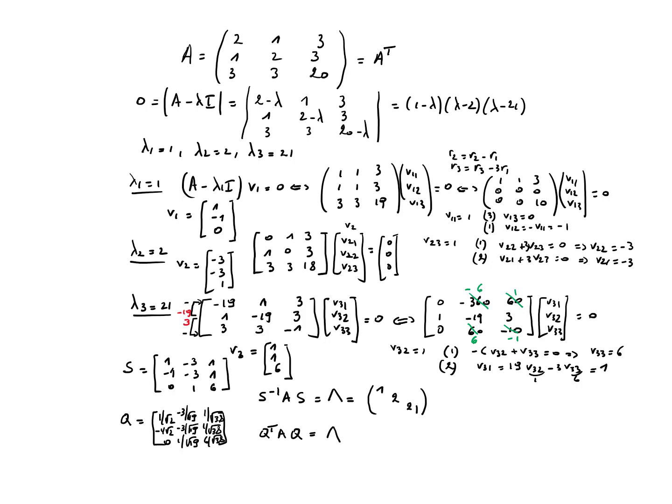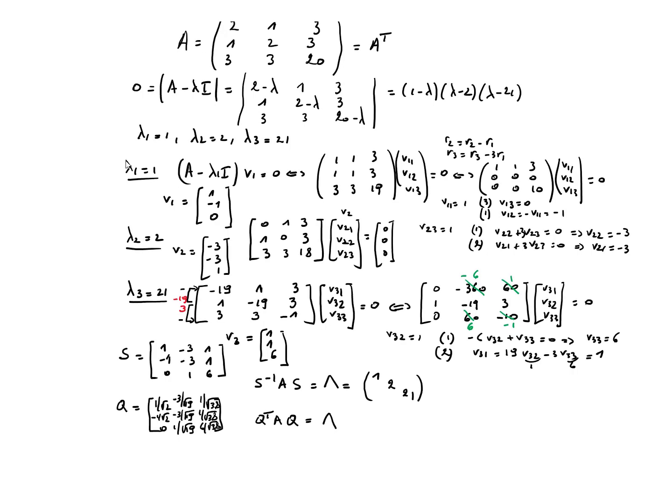You see that instead of having to take an inverse here, you can do a much simpler operation and just take the transpose. Well, here the matrix Q is orthogonal. Okay, so Q transpose Q is the identity matrix, and here we can use the fact that the matrix is symmetric to check your results.